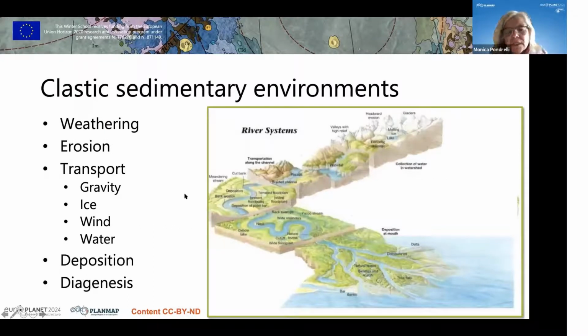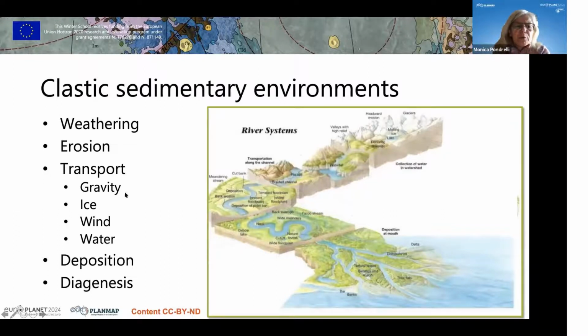Maybe this is not necessary, but since some of you are not geologists, I'm making this short introduction on the clastic sedimentary environments, which are the most diffuse that have been proposed on Mars.